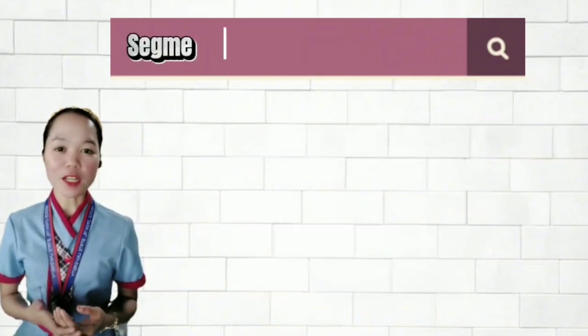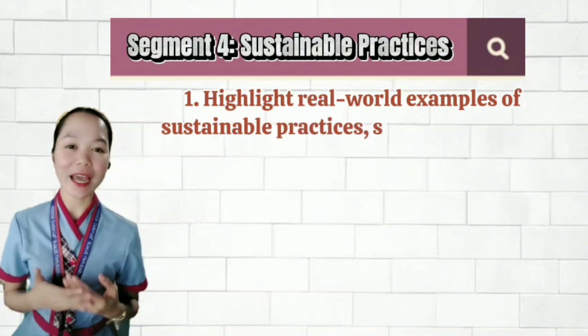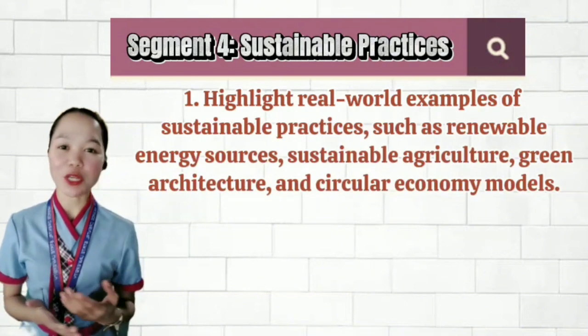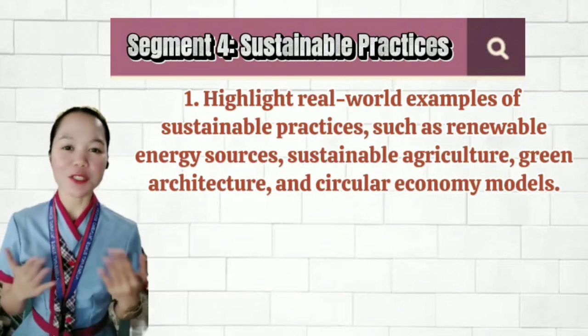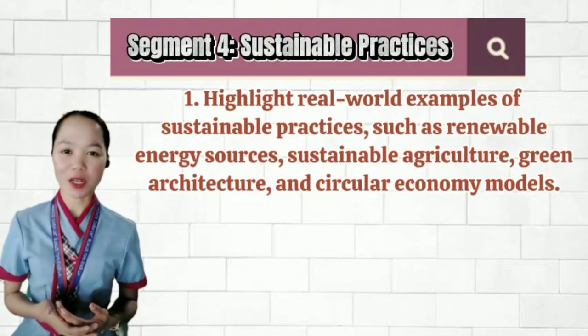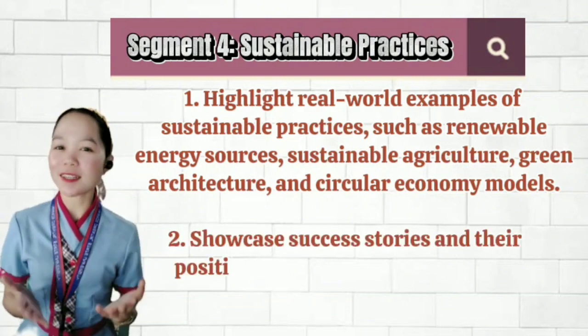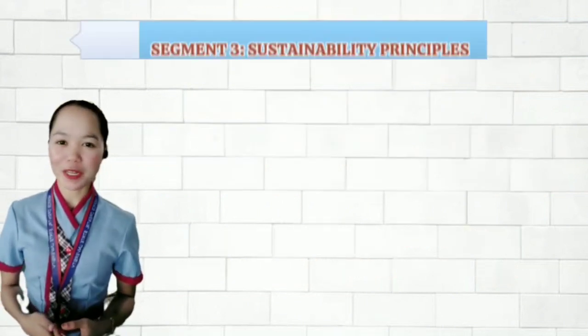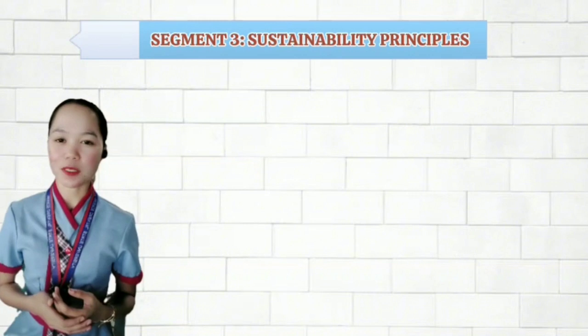For segment 4, sustainable practices: number 1, highlight real-world examples of sustainable practices such as renewable energy sources, sustainable agriculture, green architecture, and circular economy models, and number 2, showcase success stories and their positive impact on the environment. So let's proceed to segment 3, sustainability principles.